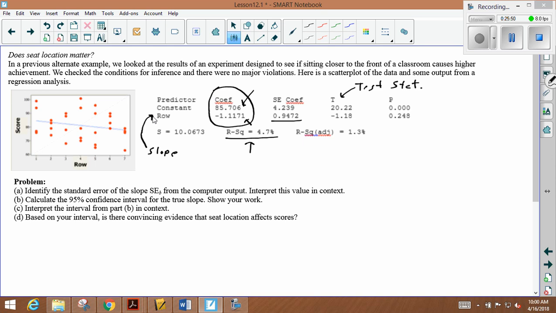So then this is the standard error, or the standard deviation, right? Let me get this wording right. Make sure it's perfect.